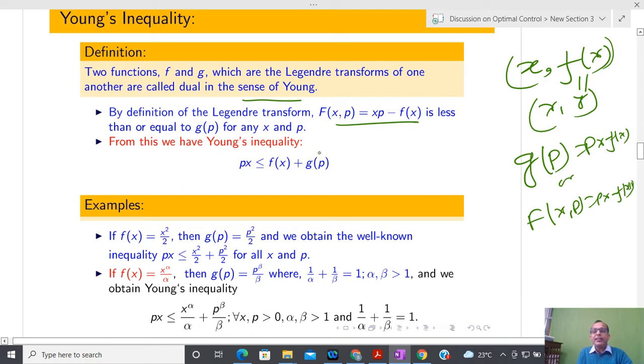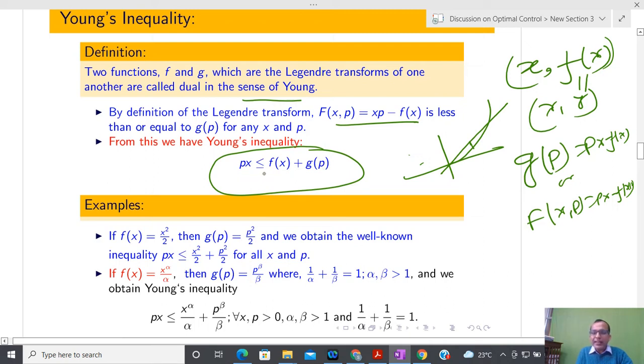And that is coming from the geometrical interpretation, because we are going to select p in such a way that whatever curve I have, this should be the farthest distance. Due to that reason px should be less than or equal to f(x) minus g(p). So I am going to select some maximum. So for all x it is possible to show that this kind of inequality will be satisfied.